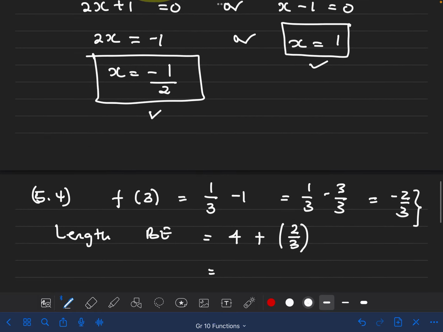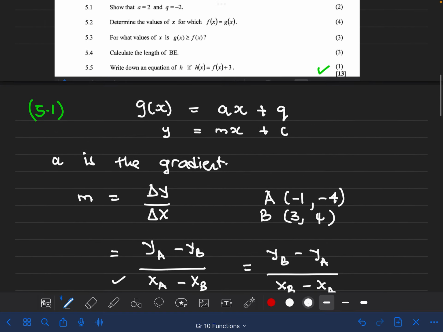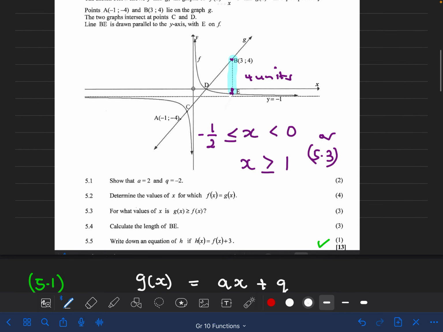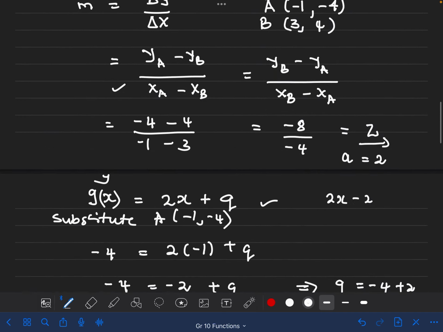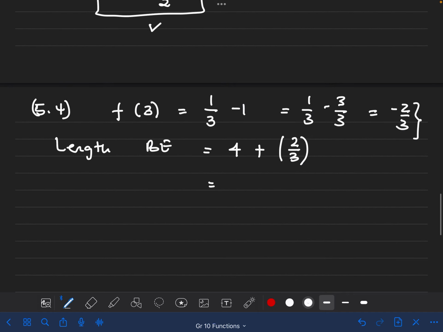Okay, cool. Another way we could do that, this is a vertical line. So we can take it from B, the y value at B is 4. And then at E, the y value at E is negative 2 over 3. So it can be 4 minus the y value at E. Let me just write that down.